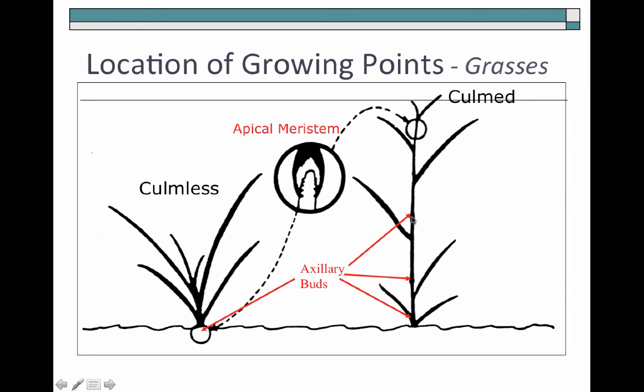So in these, meristems are going to actually push new growth up, or push new growth from the growing point up towards the elevated area. So the older growth is actually going to be up at the top here. So hopefully you guys, now that you have like 40 plants memorized, you can actually think about the different types of grasses that you've seen and whether they are going to have basal auxiliary buds or elevated auxiliary buds.